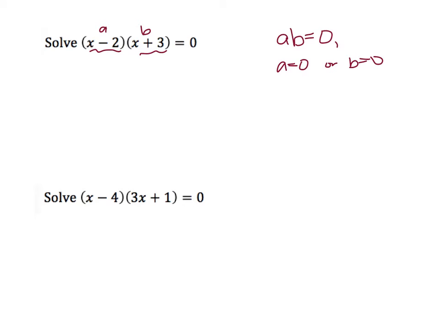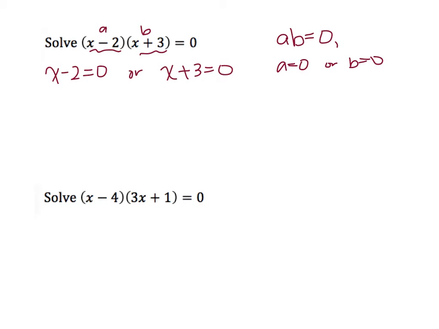So one of them has to be 0. I have two values of x that can make this 0. I'm going to take each of these, equate them to 0, and then solve for x. So either x minus 2 has to equal 0 or x plus 3 is equal to 0. From there, I'll solve each of these separately.